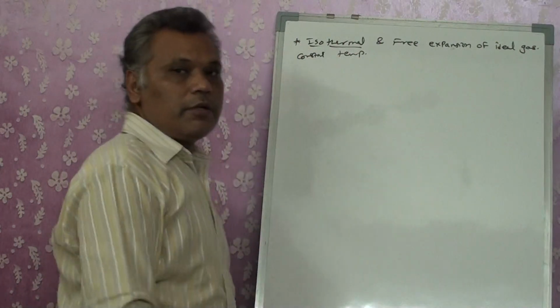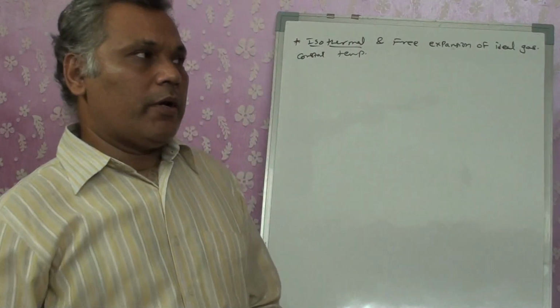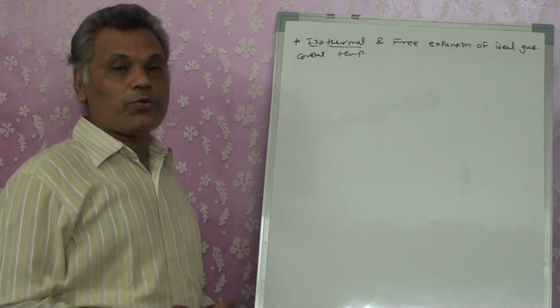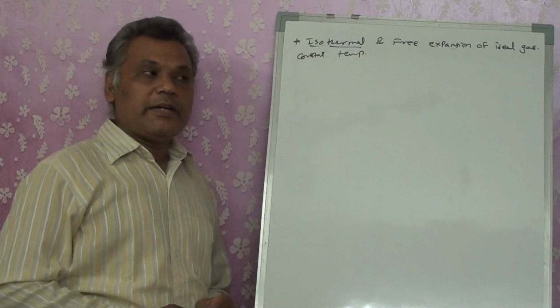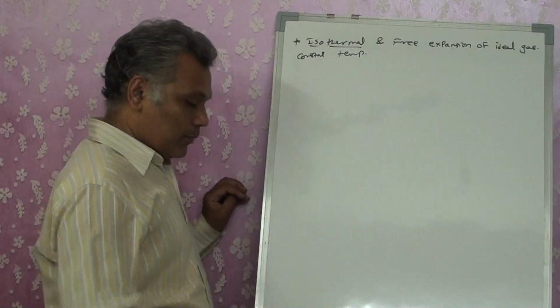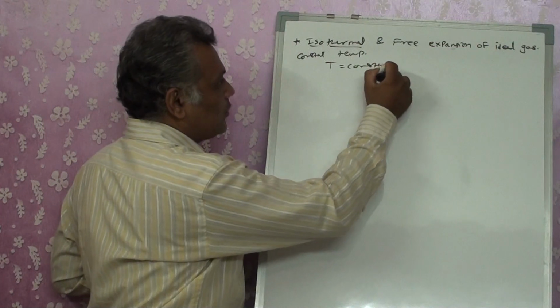So we are going to study the isothermal expansion. Particularly, this is only theoretical. We don't have any experimental proofs given to us. It's simply indicated under the isothermal condition. It is told to us that T is constant.